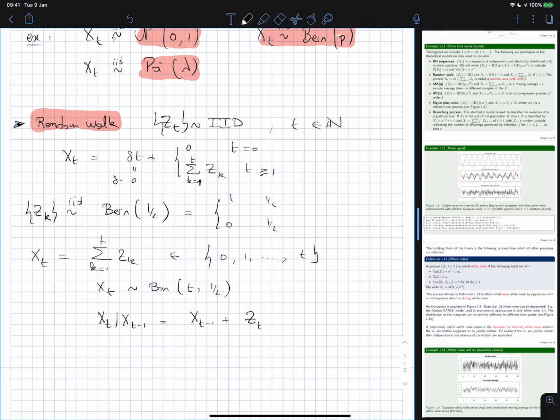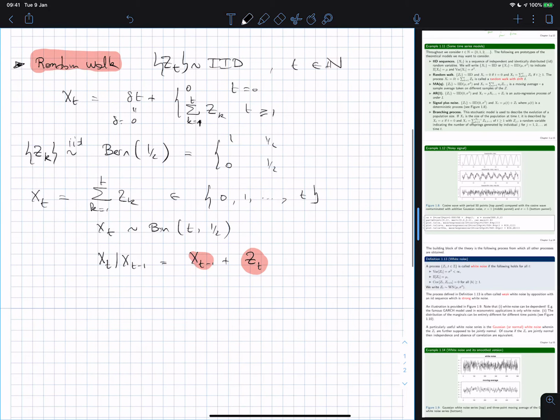And this gives me something that looks a bit like this. If I start in 0, then if the next step I get a 0 again, then I go to 1, 1, 1, I get 3 in a row, then I could have something like this.